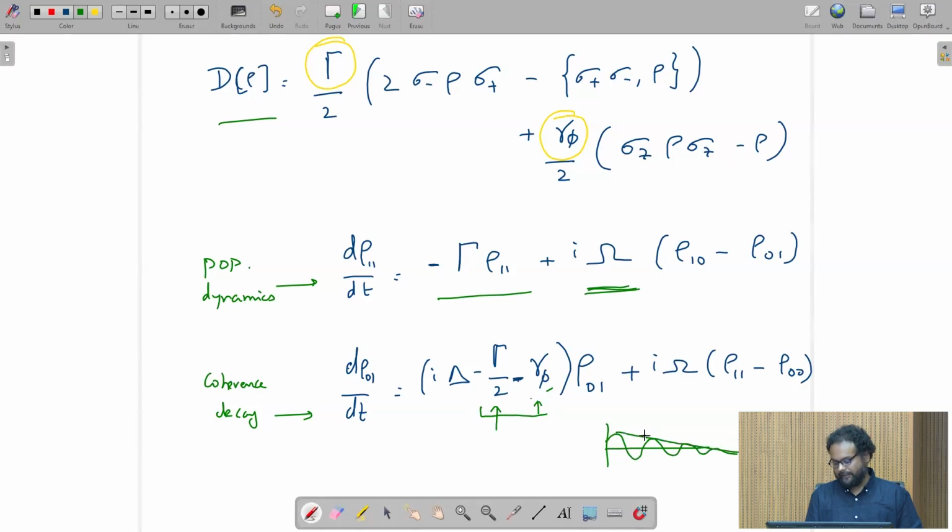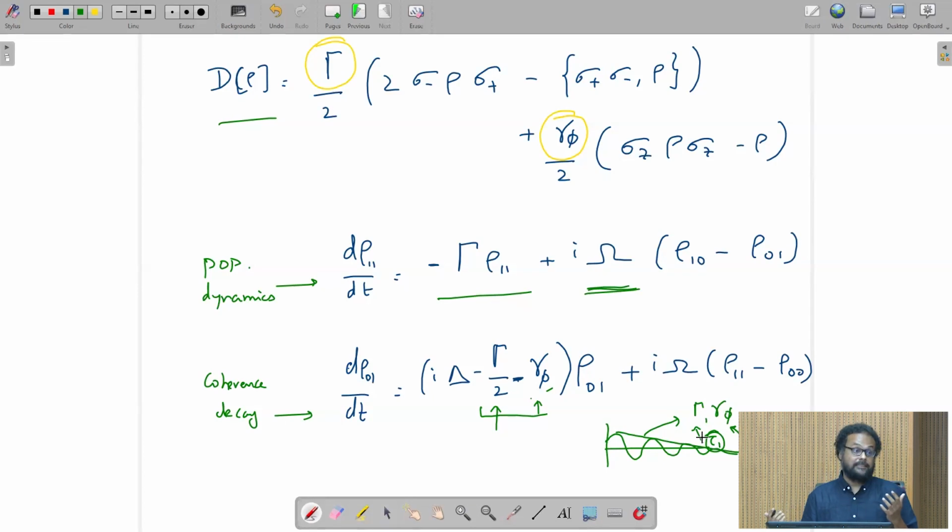And this will have contribution from gamma, as well as, sometimes in the language of spectroscopy, this is called tau 1 and this is tau 2. And this is your dephasing rate because of interaction with the bath, which is not photon, everything else because of energy fluctuations. This is simply the lifetime. And coherence decay will have both.